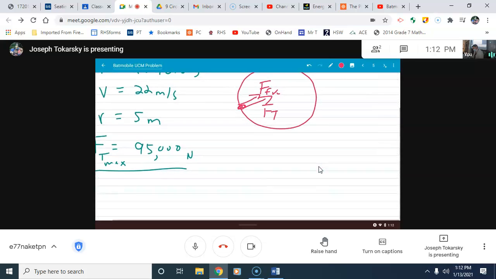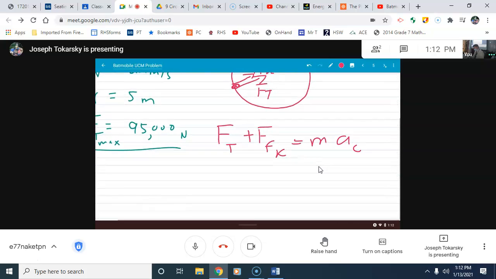So when we build that equation, we do tension plus kinetic friction equals mac. The goal is to solve for tension, so I'm going to subtract kinetic friction to the other side, then I'll start doing some sub-equations.